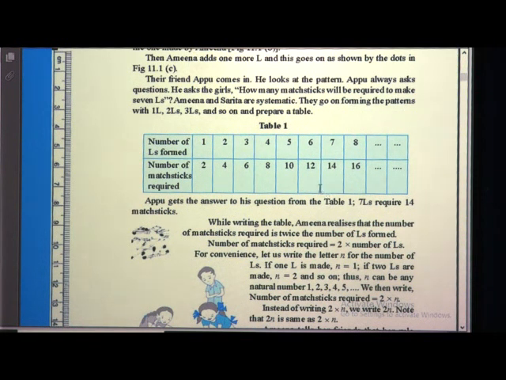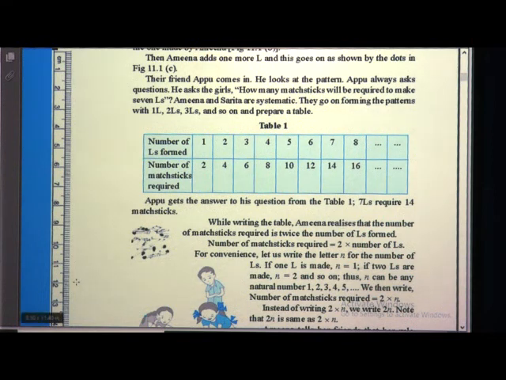So they came to a conclusion, to make 7 L's, they need 14 matchsticks. Appu gets the answer to his question from the table. 7 L's require 14 matchsticks.